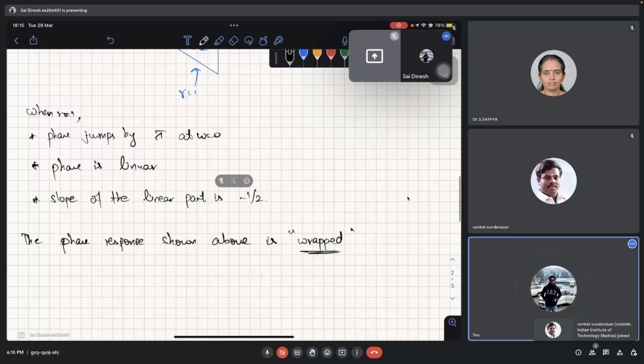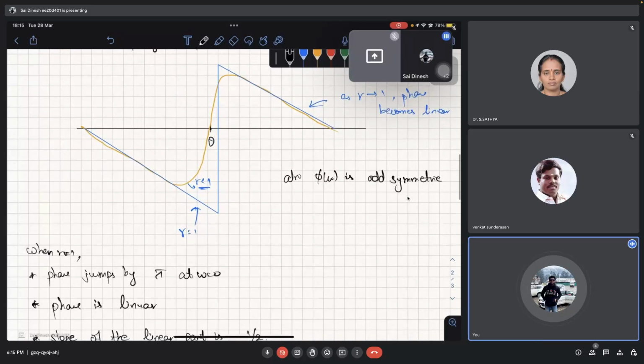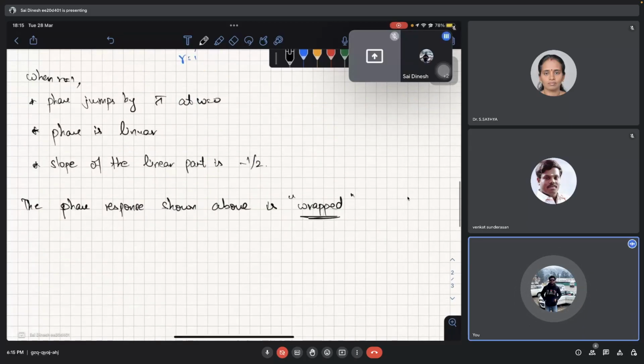Okay, so the phase response shown here is actually the wrapped version, and there is an unwrapped version where the phase response is actually continuous, right?